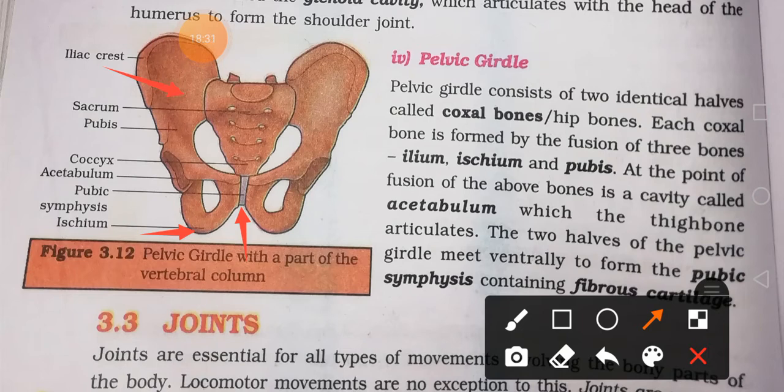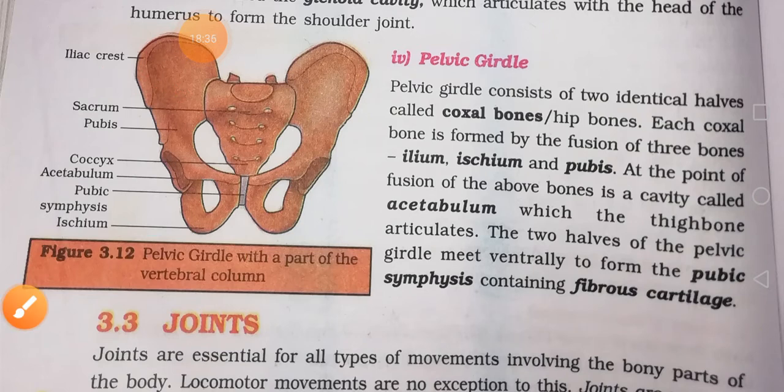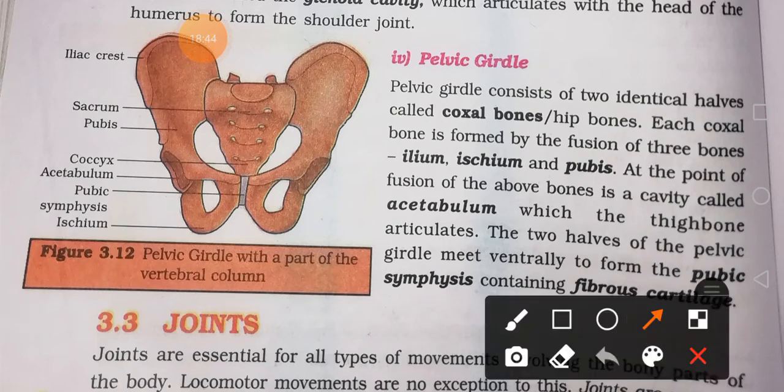At the point of fusion of the above bones is a cavity called the acetabulum. You got it? This is the acetabulum.